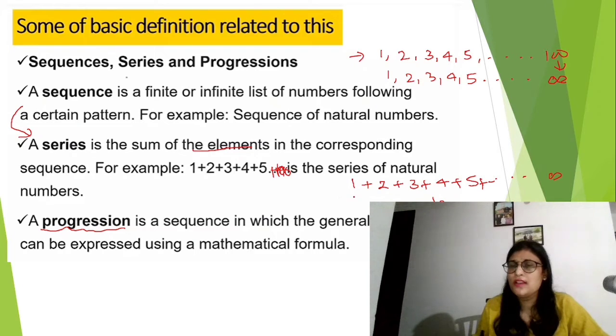Suppose I want to find the sum of the first number. I will put n equal to 1. If I substitute the value, it will be 1 into 2 divided by 2, the 2 will be cancelled out, and we get the answer 1. You can check also that the sum of the first digit in this series is 1.